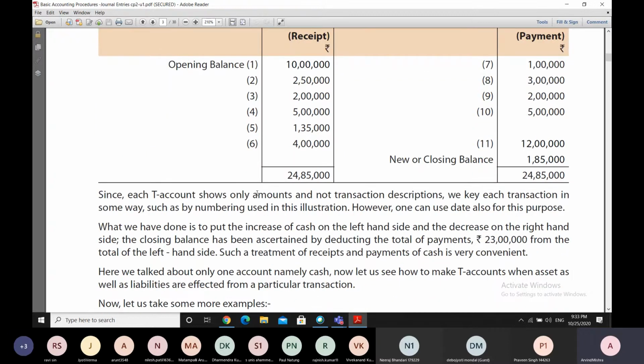Similarly, we can number the transactions and write the details of every transaction separately, and we can write the date also for that transaction. So before we make an account, along with the date, we write the details of a transaction.